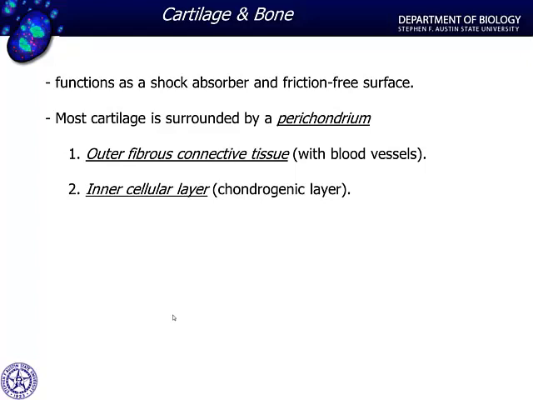The outer layer of the perichondrium is basically fibrous connective tissue, and you have blood vessels present in this as well. But the inner layer of the perichondrium, which is now going to be a cellular layer, we also call this a chondrogenic layer because we're going to have chondroblasts undergoing mitosis, and so we're going to have growth from the perichondrium out. This is going to be our inner cellular layer of our perichondrium.